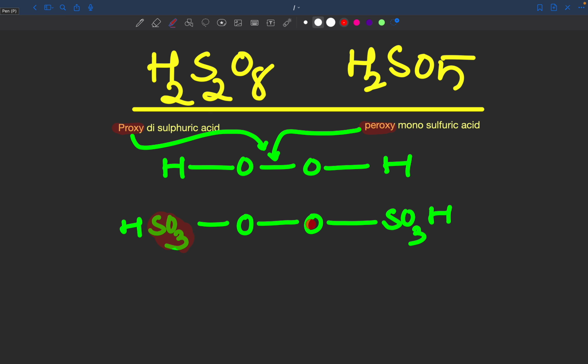So the difference between these two is only these three, SO3. So hydrogen peroxide plus 2 moles of SO3 gives you this acid. That's why peroxy bond is there, and this is from sulfuric acid. This is also from sulfuric acid. That's why you call it peroxy disulfuric acid.